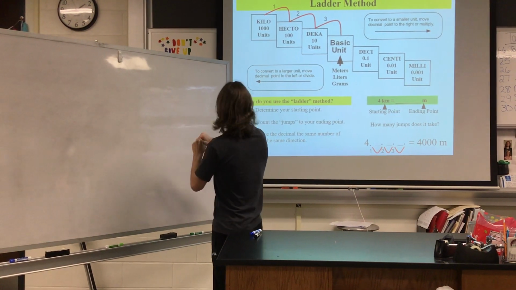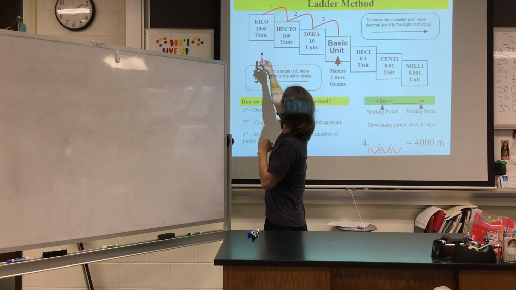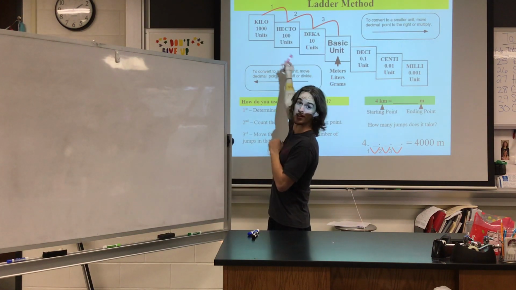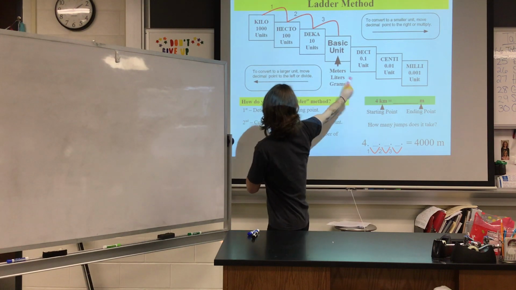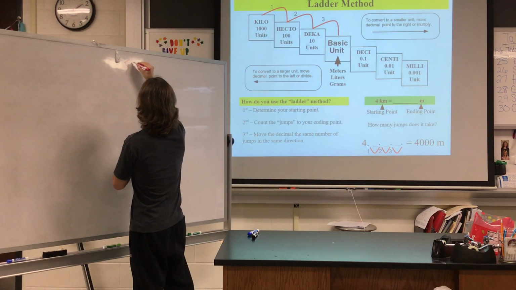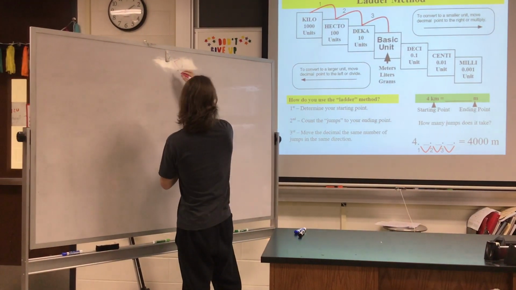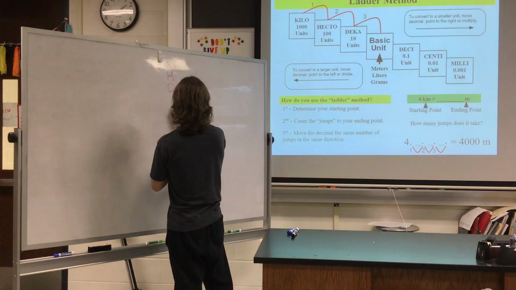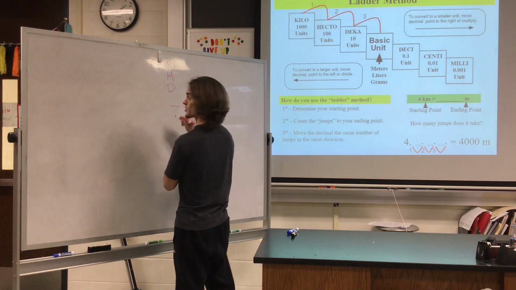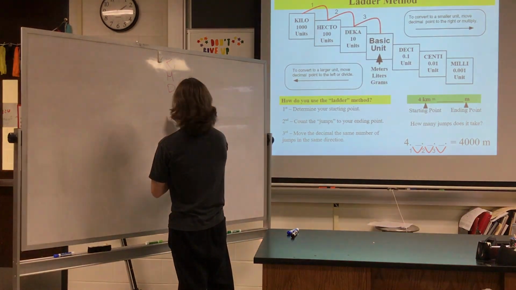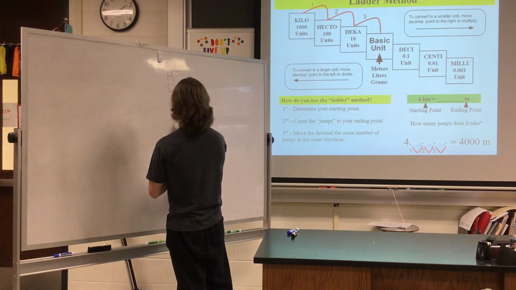So, if you look at the starting letters, we have K, H, D, and then our base unit, I'm going to leave blank, DCM. So if I write that here, K, H, D, and I'll leave this blank just so you know, don't forget that there's a base unit in between. DCM.